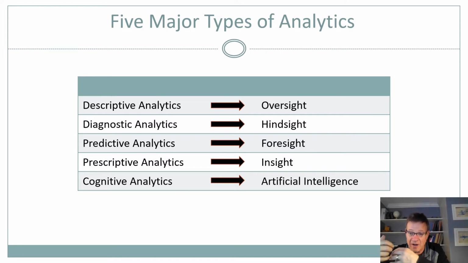Finally, we have what's called cognitive analytics, which is where the system will take action itself to respond to circumstances and help an organization make an adjustment that needs to be made. Again, this is moving into the artificial intelligence realm, and some of these also pull up some interesting ethical questions in terms of when a computer should actually be making decisions or not.